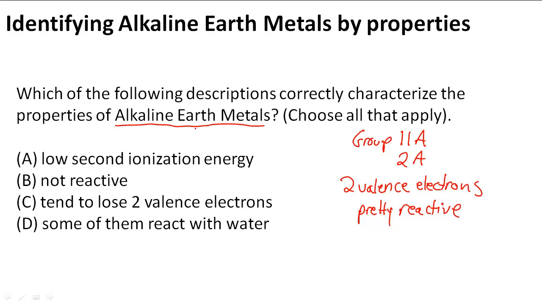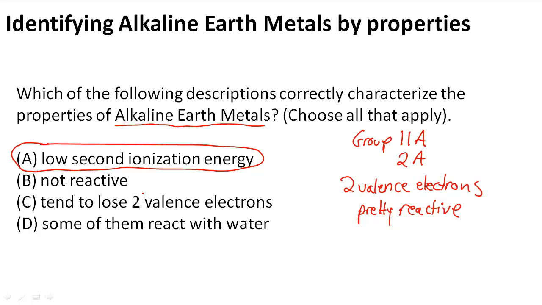However, alkaline earth metals want to give away 2 valence electrons, so the first valence electron doesn't take that much ionization energy to make it an ion. And to get the second valence electron, it wants to give that up, so it does also have a low second ionization energy. So it doesn't take that much energy to get that second valence electron. So A is definitely one of those.